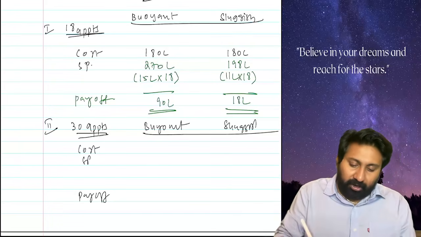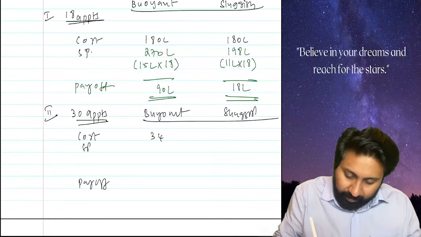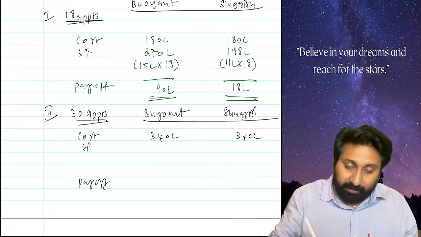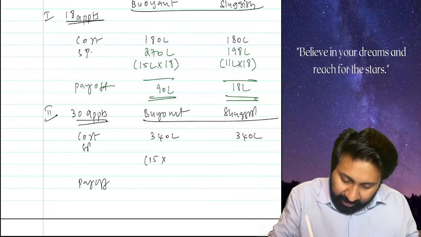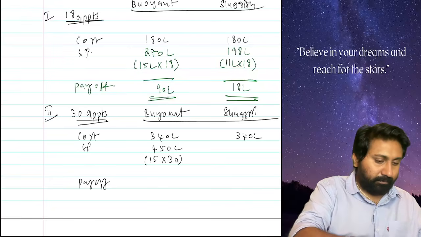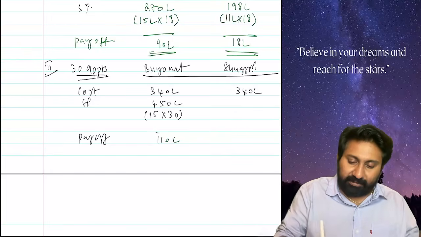I have to incur a cost of how much? If I construct 30 apartments, 340 lakhs I need to spend. Sale price will be 15 into 30, 450 lakhs. 450 minus 340. Payoff will be 110 lakhs.